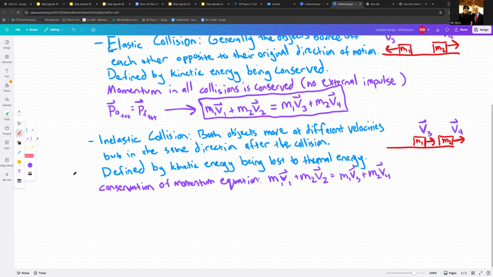One other thing we could note here is that these velocities are either both positive or both negative.